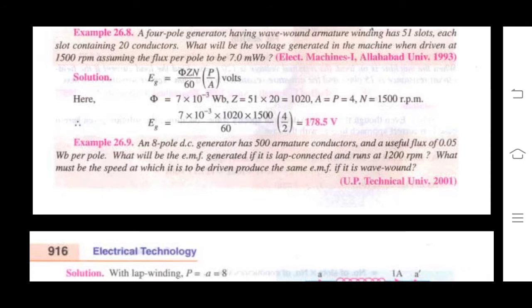The value comes to 178 volts. That means Φ, Z, N is 1500 and 60, P is the number of poles, that is 4, and A is 2 because it is a wave winding machine.